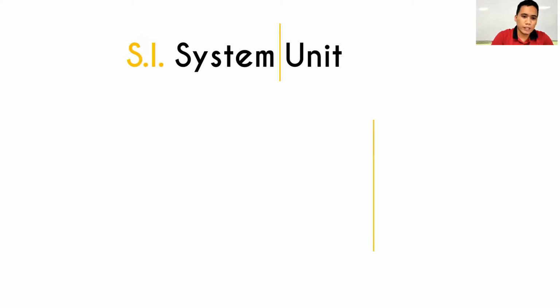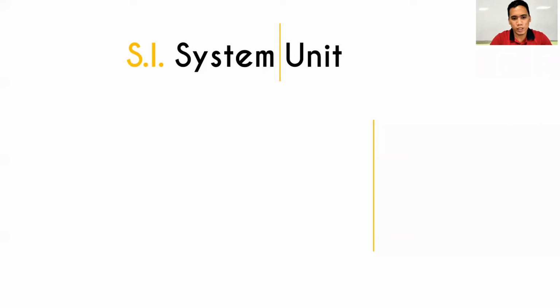Okay. The SI system unit, or the standard unit that we are currently using. In the SI system unit, we have two types, or it has two components: the fundamental quantities and the derived quantities.